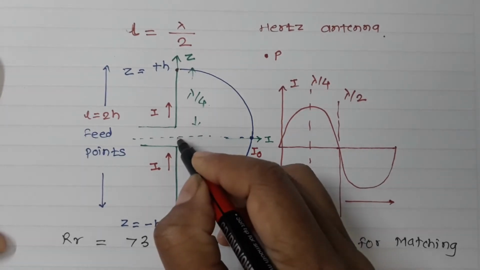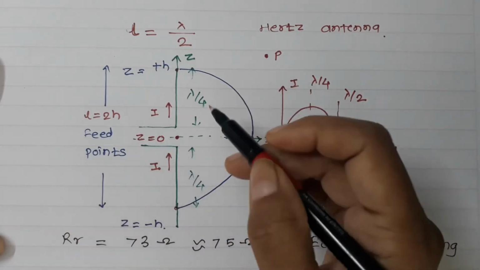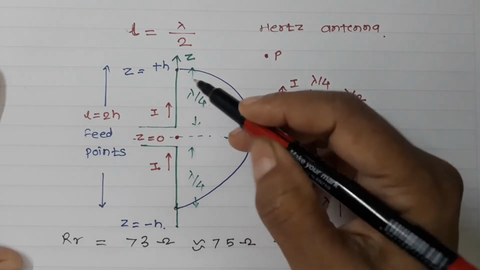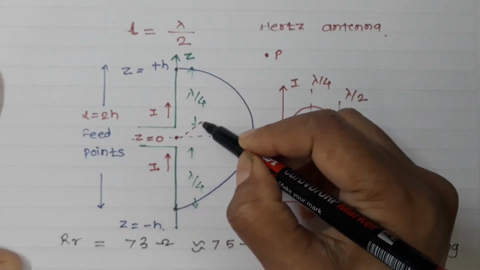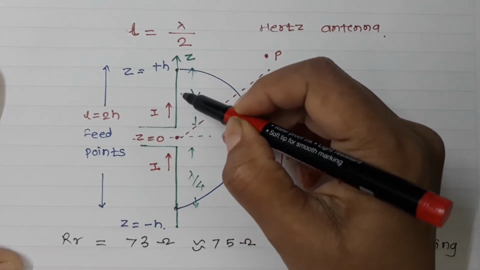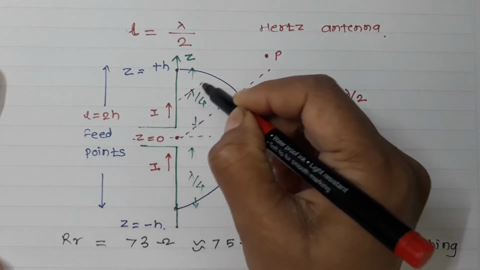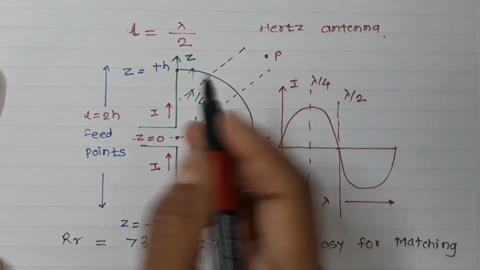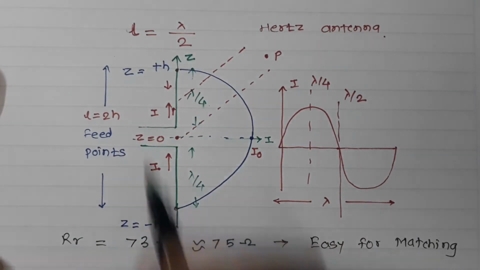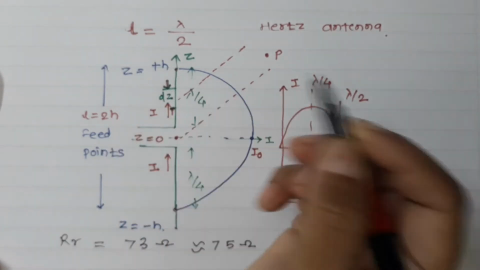If at z equal to 0 this is the current, and this is the distance point where I am observing, the distribution is like this. If this particular length is considered as dz, I will denote it with something different, so this will be considered as z over here.